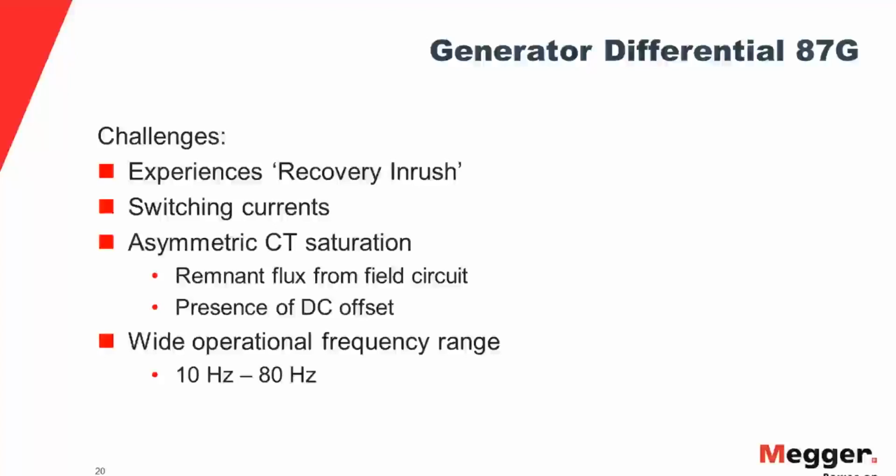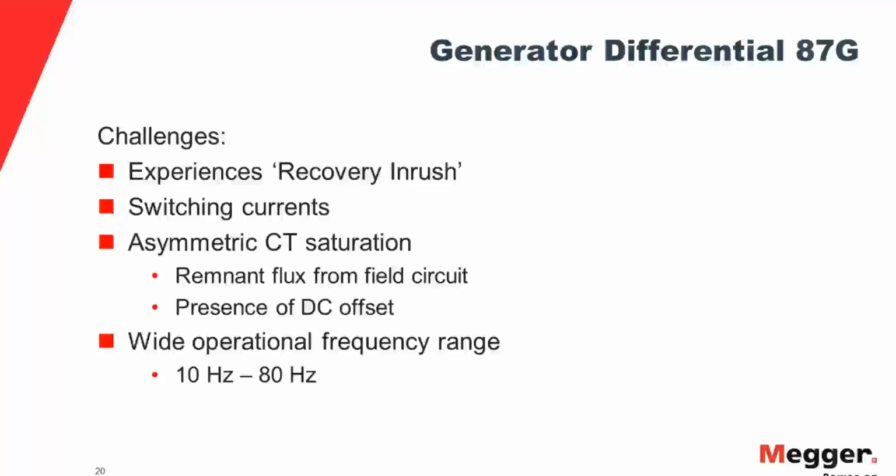Now, let's see what some of the challenges are. We talked about a lot of factors that prevent the normal operation of a differential function. One of those challenges is called recovery inrush. What does that recovery inrush mean?